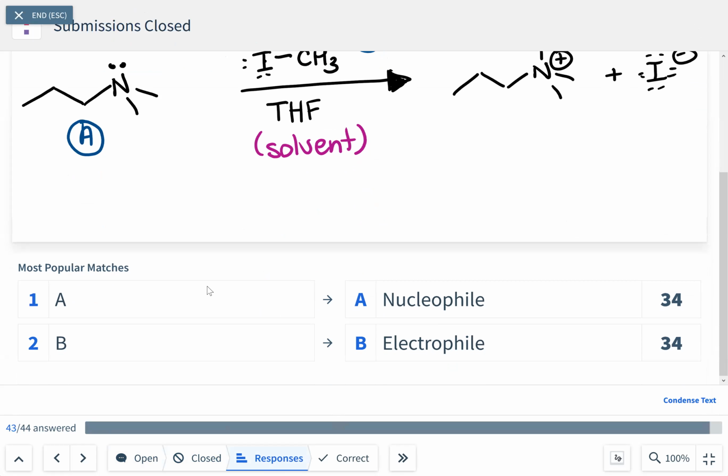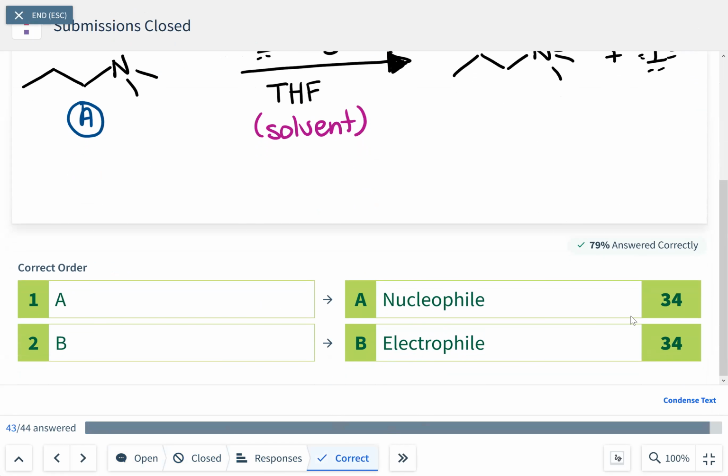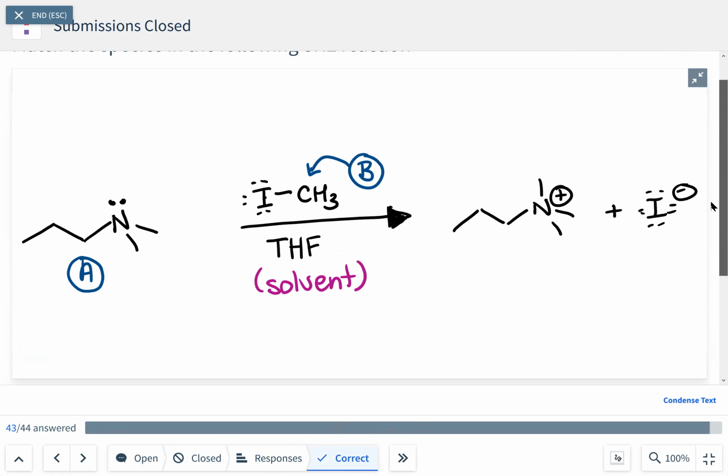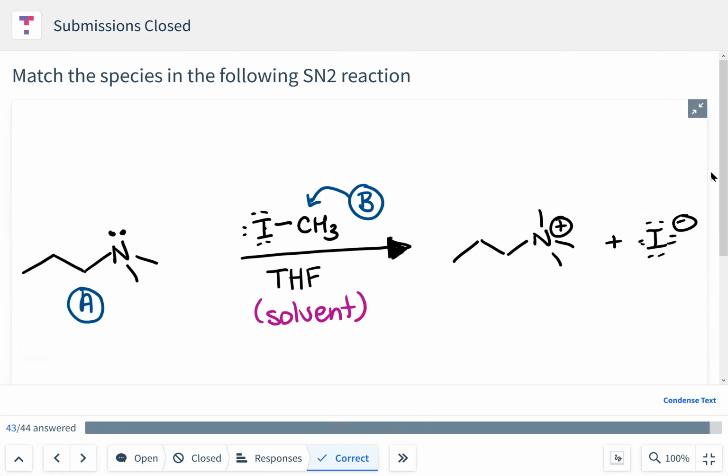B is the electrophile, A is the nucleophile. That is indeed correct. Pretty consistent percentage getting those questions correct.